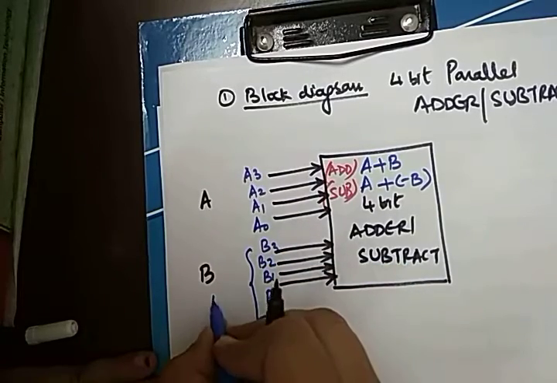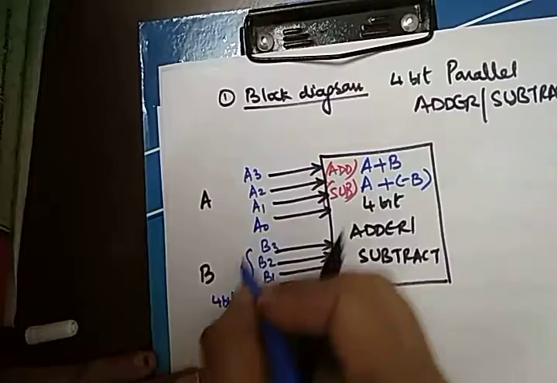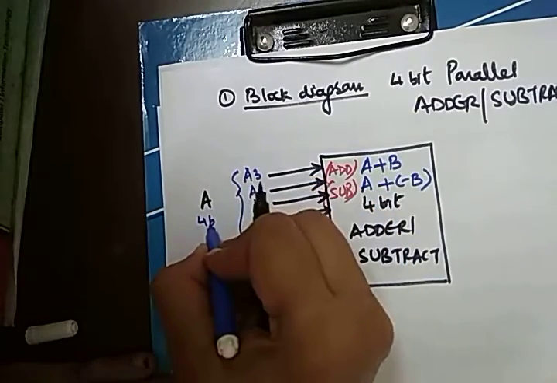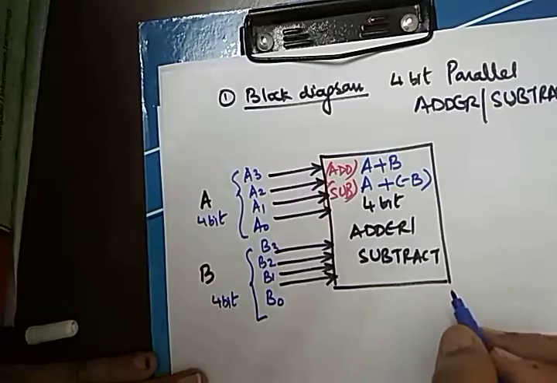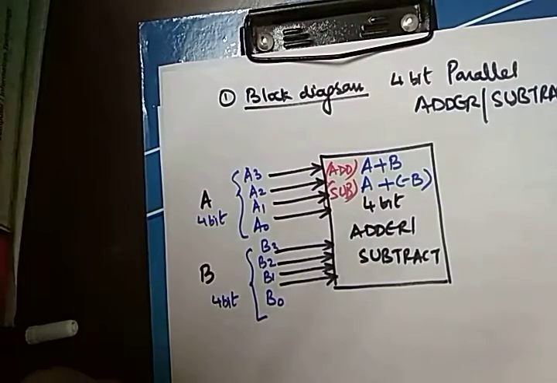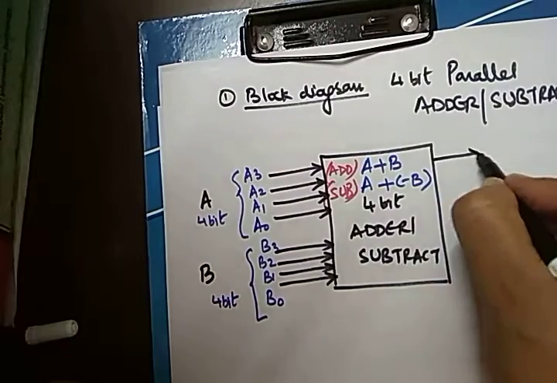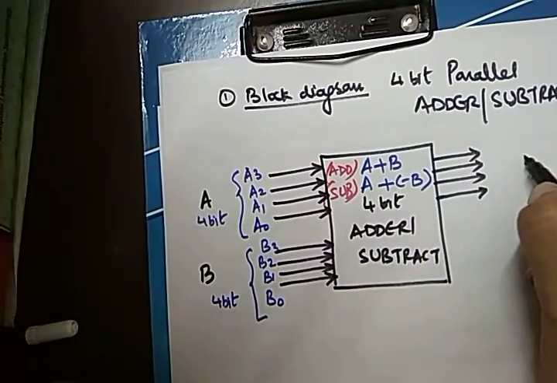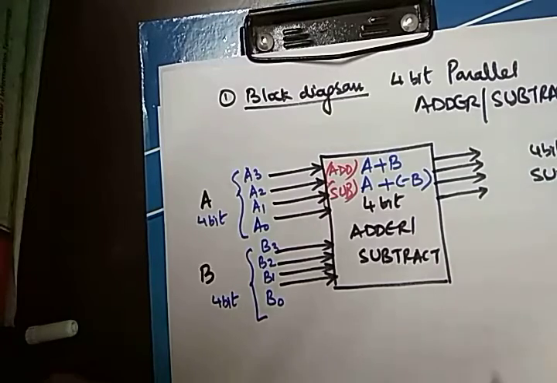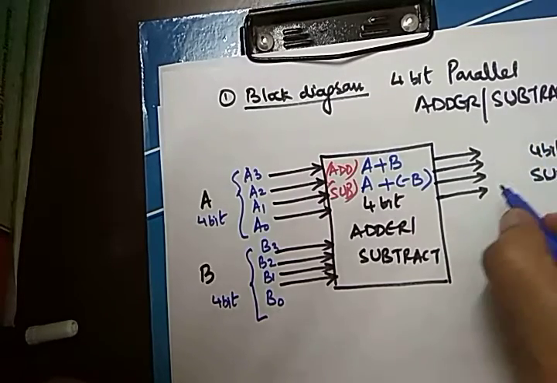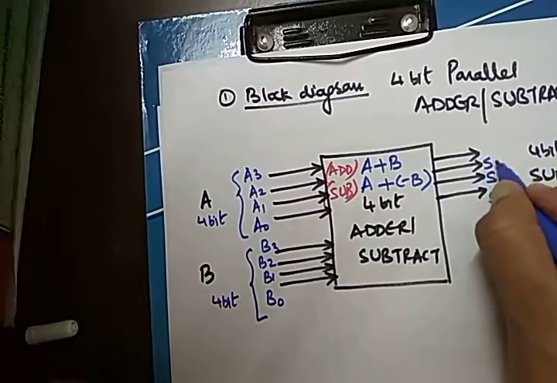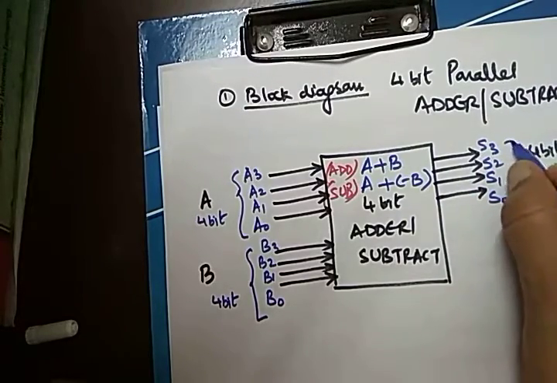This is the 4-bit number B, and this is another 4-bit number A. As earlier, the output will be a 4-bit sum S0, S1, S2, S3.